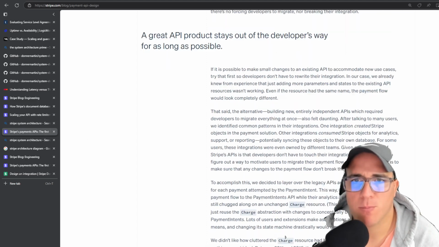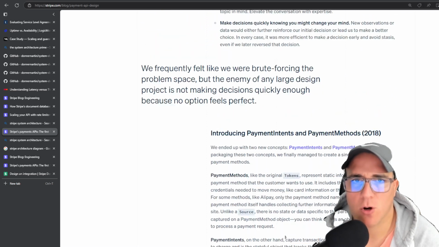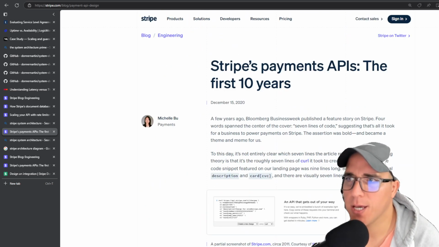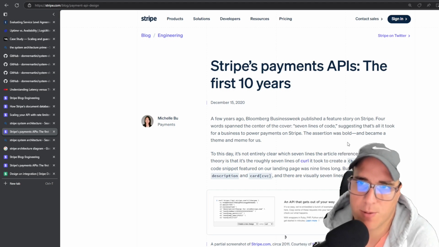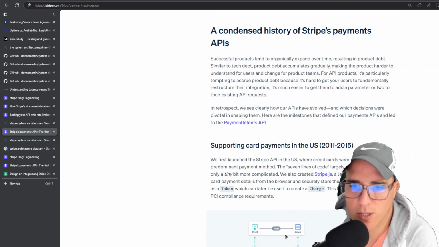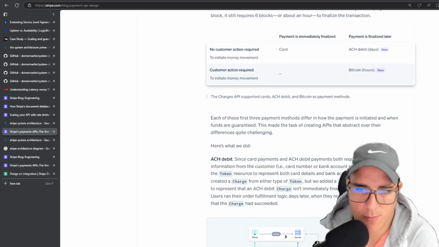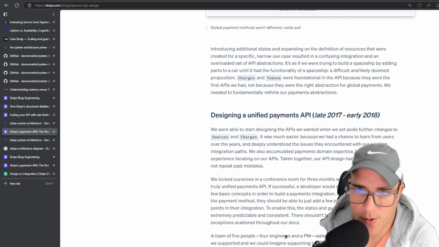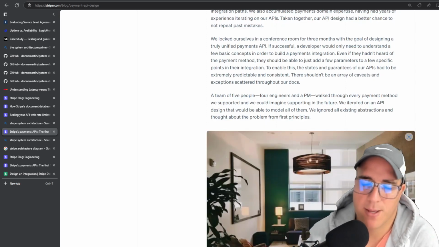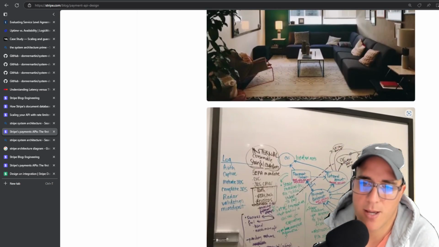This is a blog post which touches on the main changes they made over the past 10 years of Stripe payment API design. I'm not going to read it because it's a long post. But basically, they planned the API very carefully.